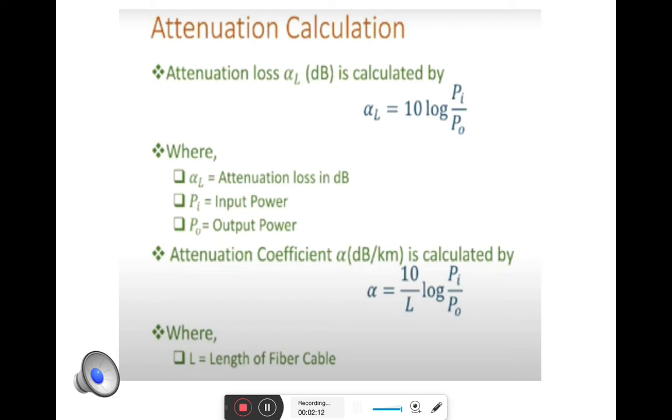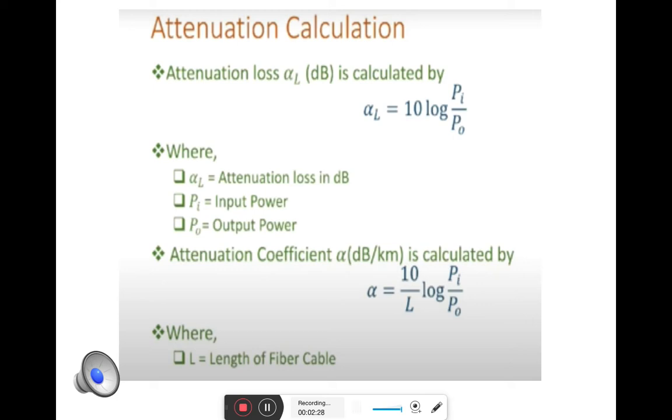Next is attenuation coefficient. Attenuation loss is denoted by alpha L, and attenuation coefficient is denoted by alpha. Attenuation coefficient alpha is always expressed in terms of length.